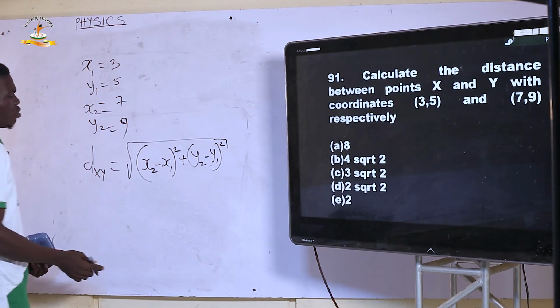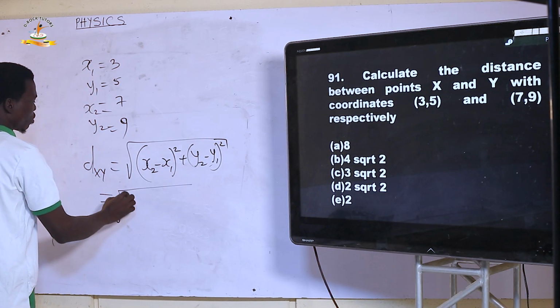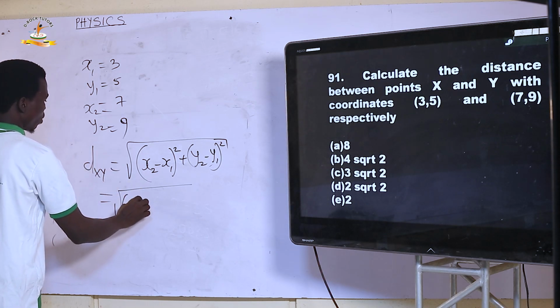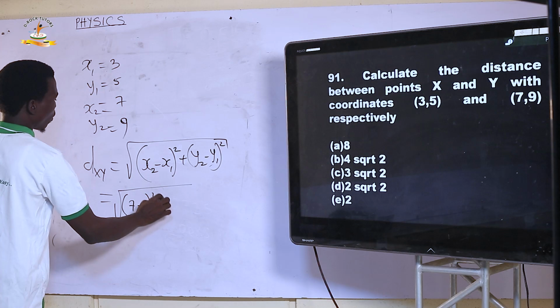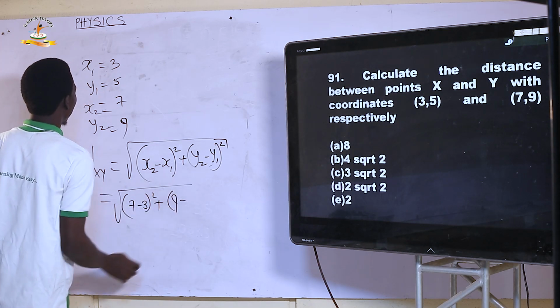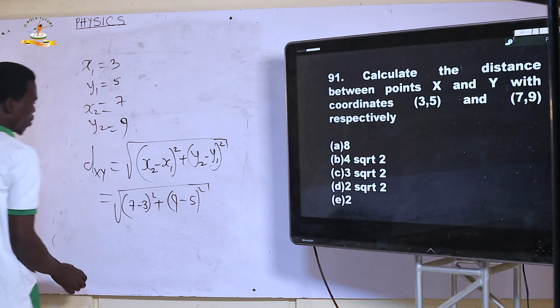And here we can do justice to it by putting in our values. This is just going to be X2, which is 7, minus X1, which is 3, all squared, plus Y2, which is 9, minus Y1, which is 5, all squared. And what are we left with?